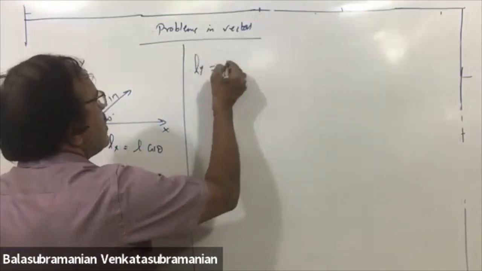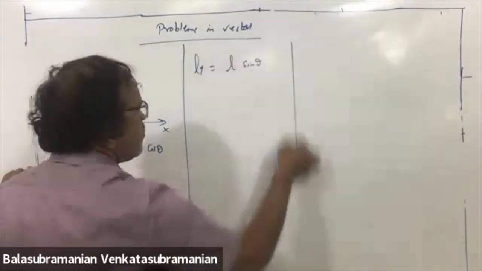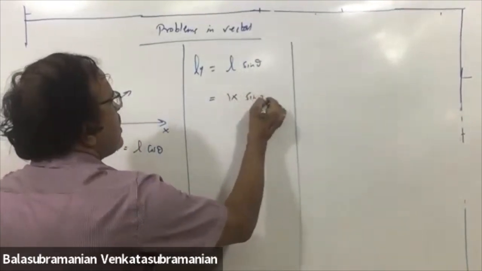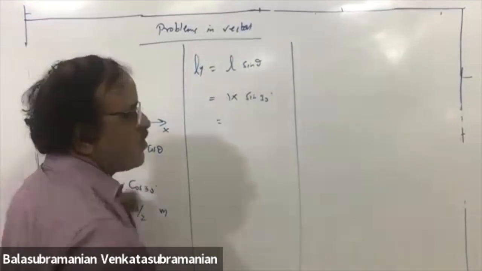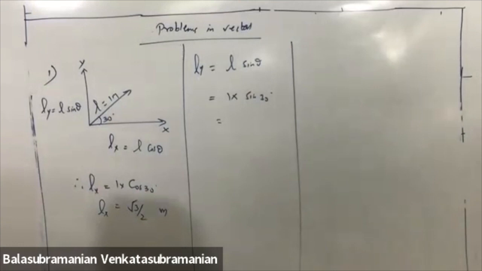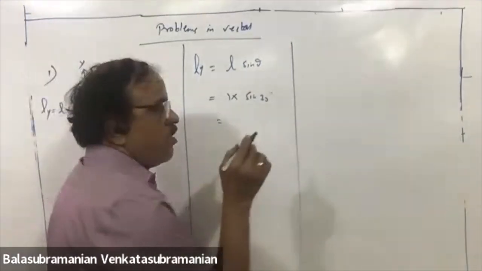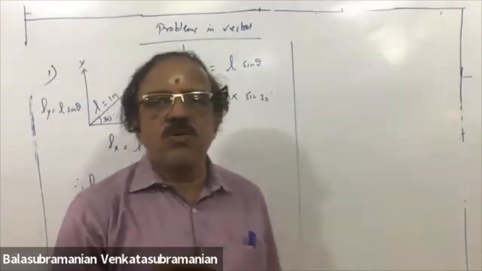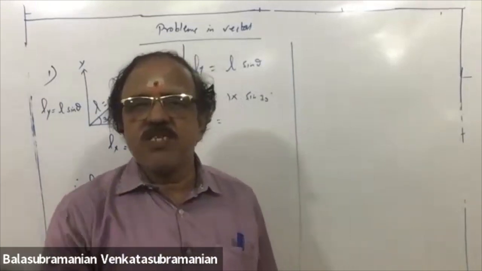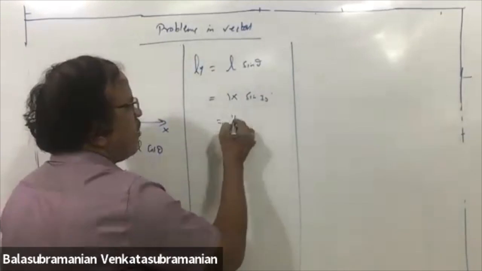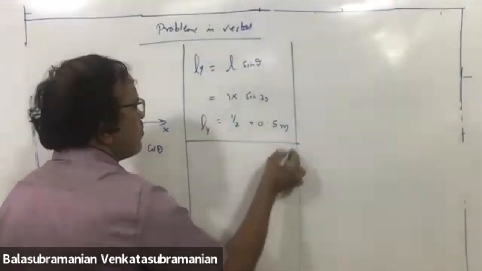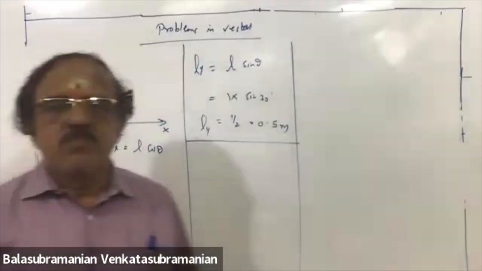Ly is L sin theta, 1 into sin 30 degrees. Sin 30 is what? Half. Sin 30, sin 45, sin 60 are 1 by 2, 1 by root 2, root 3 by 2. So half, 0.5 meters. Correct?